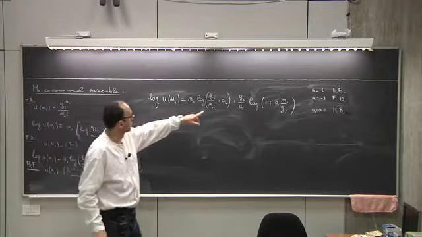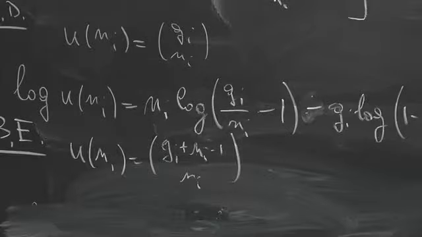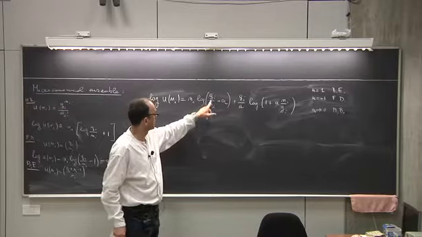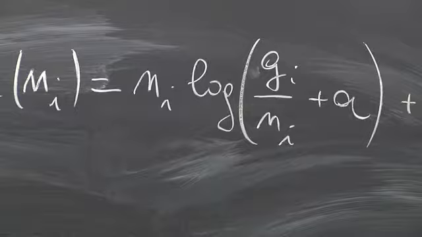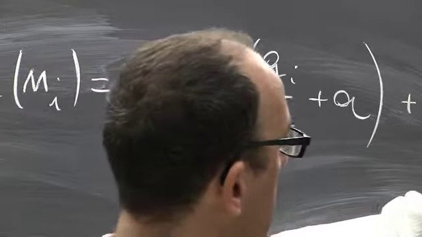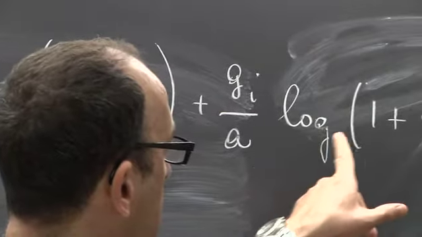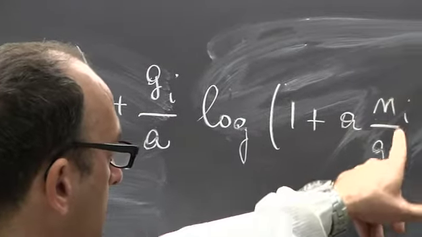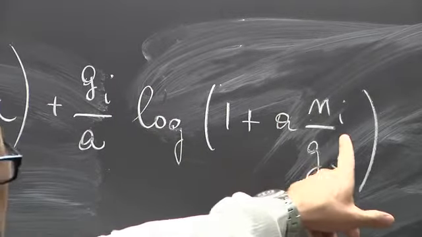A goes to 0, and when a goes to 0 you get a term which is equal to ni gi over ni. From here, in the limit when a goes to 0, you can approximate the log of this as a times ni over gi, which times gi divided by ni just gives you ni.